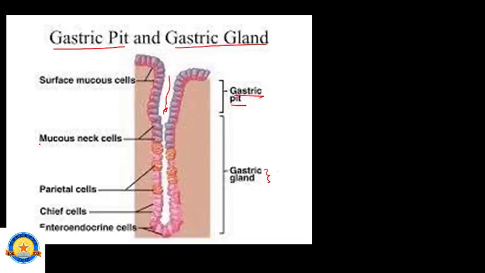You can see some cells are marked: mucous neck cell, parietal cell, chief cell, enteroendocrine cells, which are also called ECL cells, enterochromaffin-like cells. Okay, so let's start with a small diagram first.